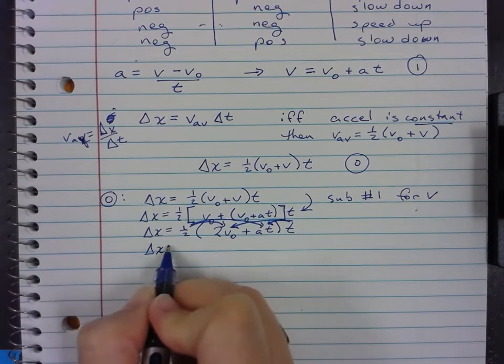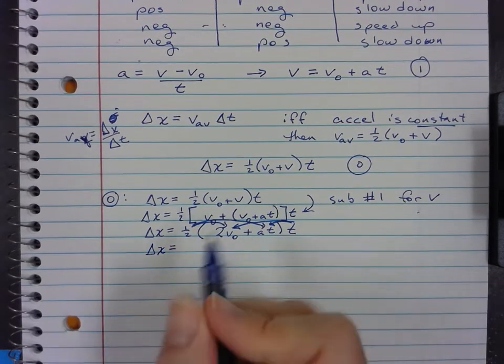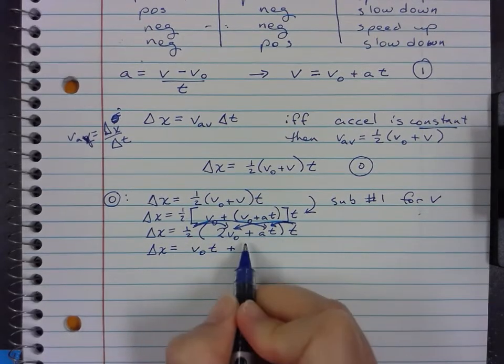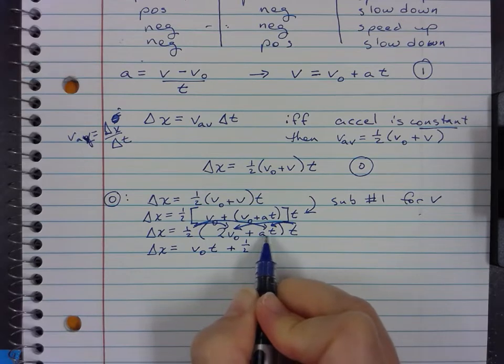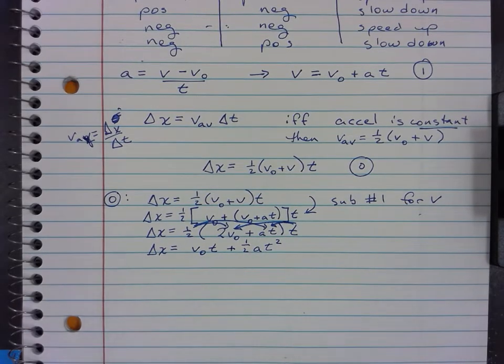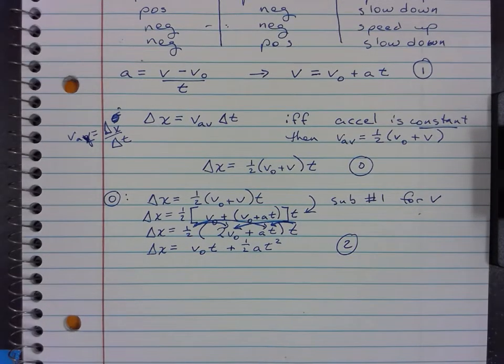So this 1/2 times 2 cancels out. We're left with v naught and then times t, plus 1/2, there's no coefficient, so that is the coefficient, at times t, so at squared. And you should recognize this. This is equation number 2 on the College Board formula chart.